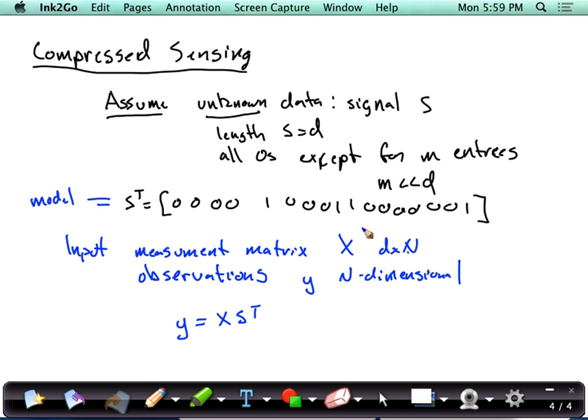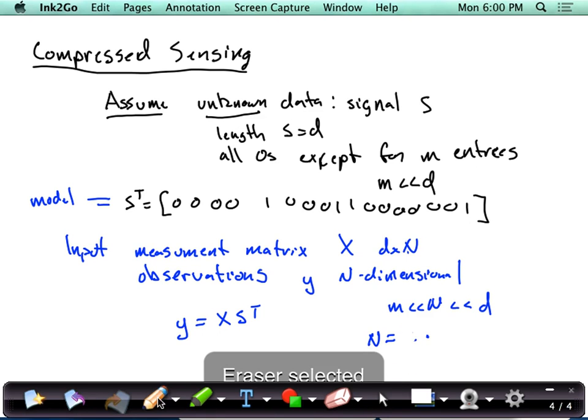But because we're assuming it's sparse, we're going to assume that M is less than N is less than D, and then we can still recover M. In particular, what you typically need is that N is equal to some constant C times M times log of D over M.